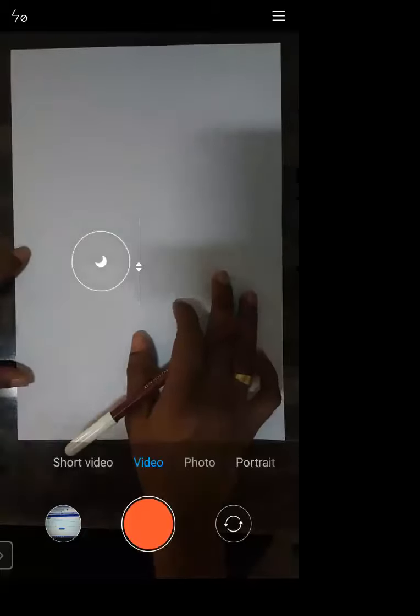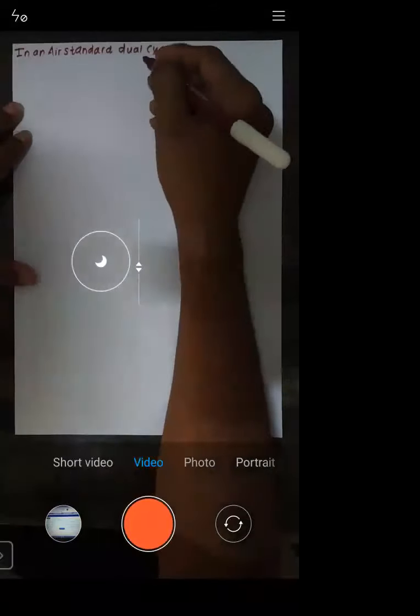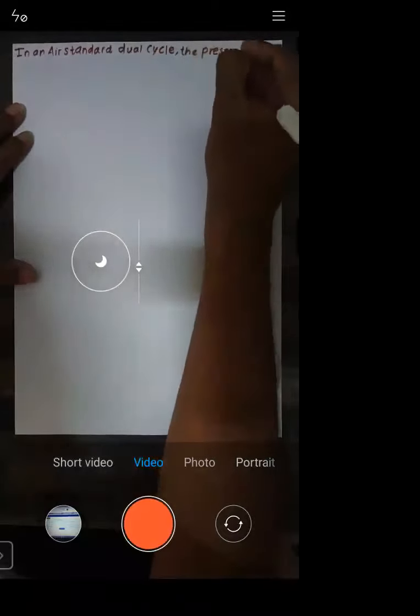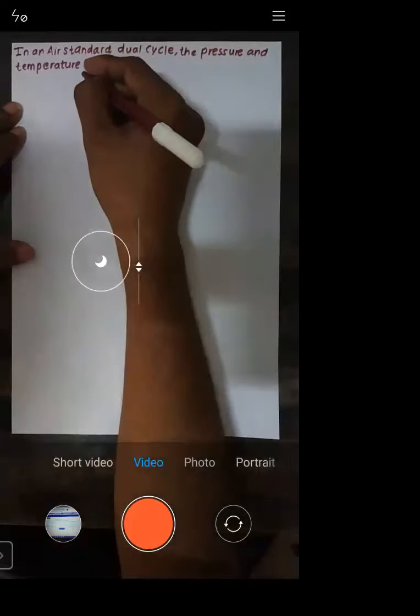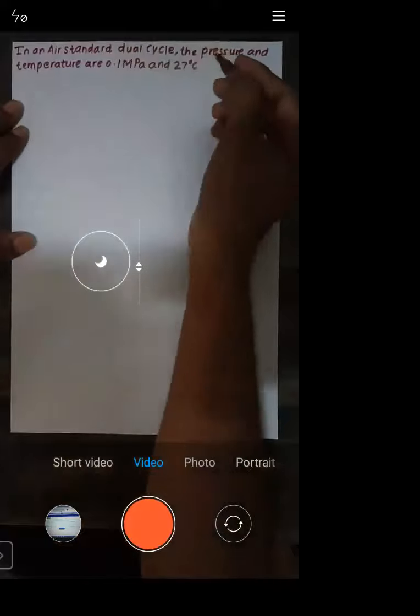In an air standard dual cycle, the pressure and temperature are 0.1 megapascal and 27 degrees Celsius.